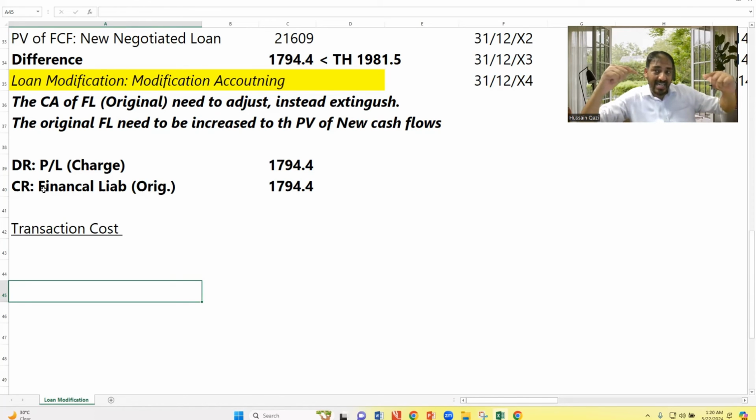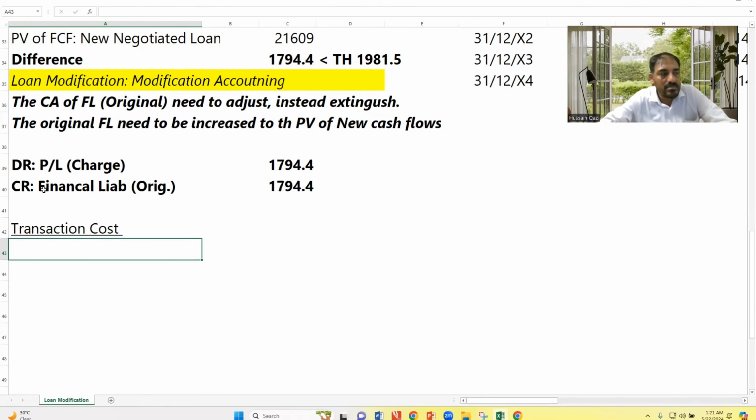Once we initially recognize the financial liability at amortized cost, the transaction cost must not be immediately charged to the P&L. Instead, adjust it with the financial liability and amortize over the time period.